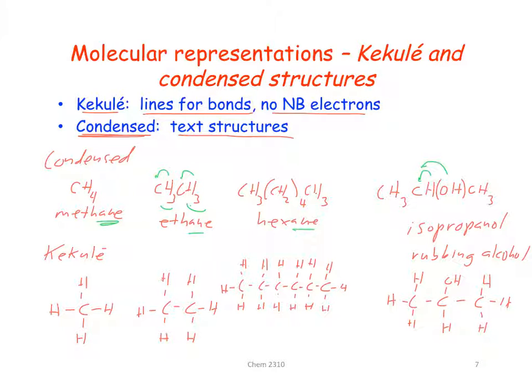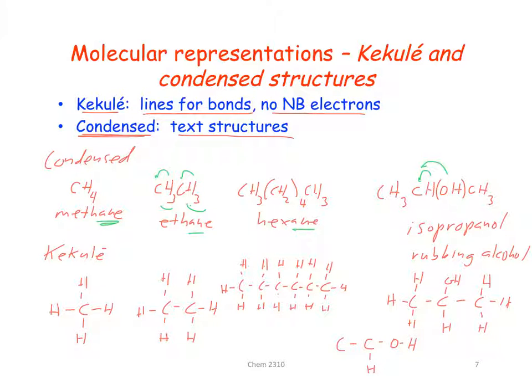Let me just make a point here. This is one structure of isopropanol, but I just chose to draw these 3 carbons in a line like that. I could also draw this like this.